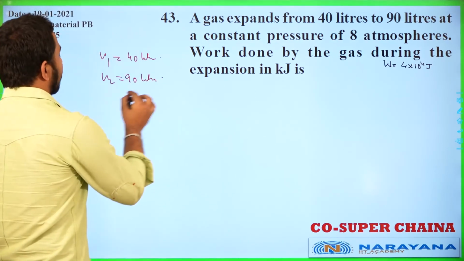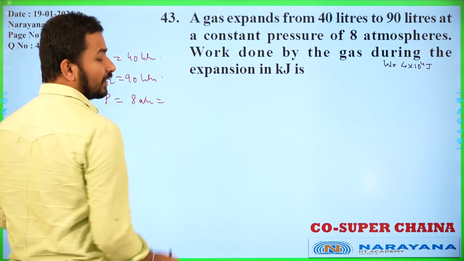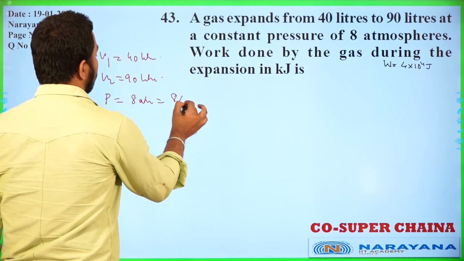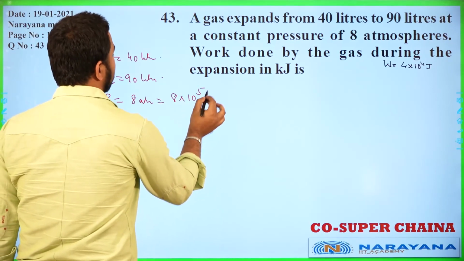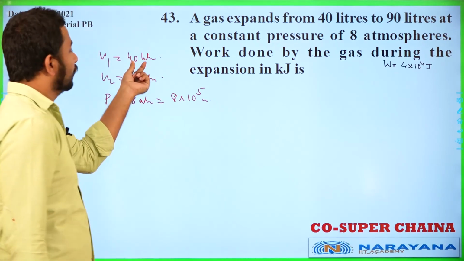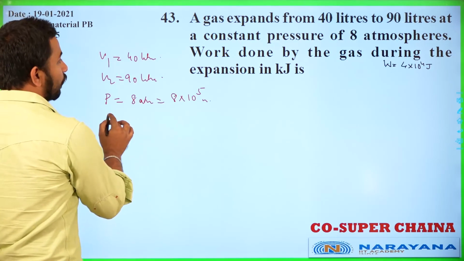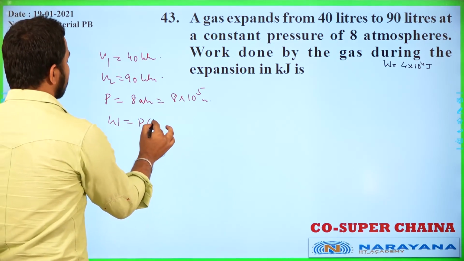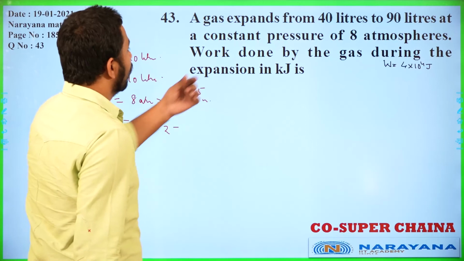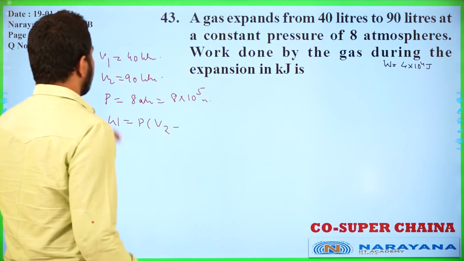The pressure is given as 8 atm, so we will convert it again, 8 into 10 to the power 5. Now work done will be P times V2 minus V1. The gas expands from 40 liter to 90 liter, so V2 is 90 liter.